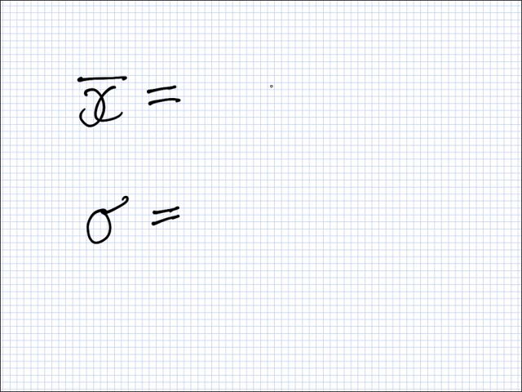So do you understand what's happening in number 10? I'm giving you the answer, and you find the average and the standard deviation. So it's X bar and sigma.